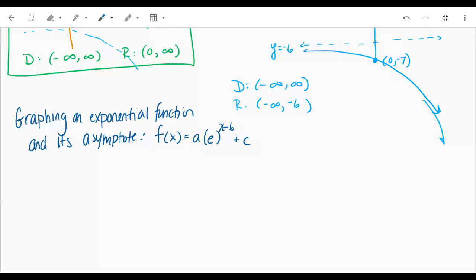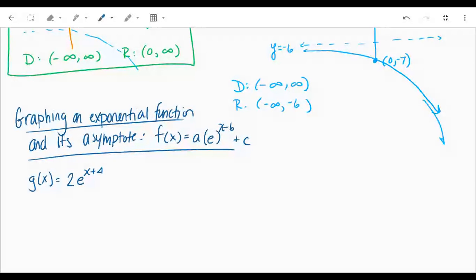So again, we have our parent function that I drew above. In this example, they want us to graph g of x equals 2e to the x plus 4 minus 4. So we've got a lot going on there.